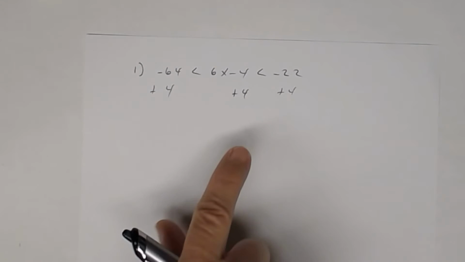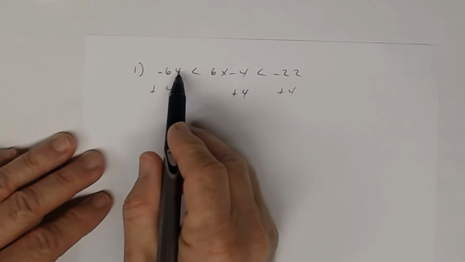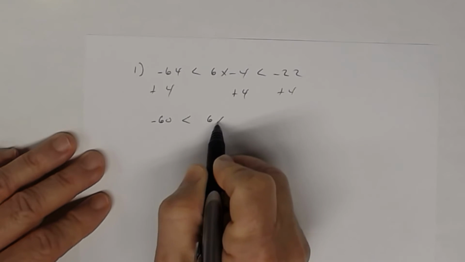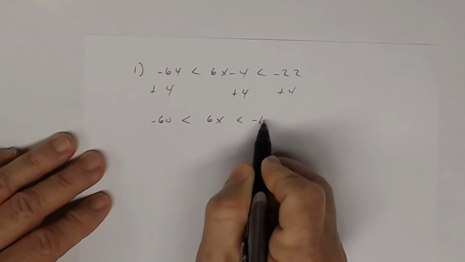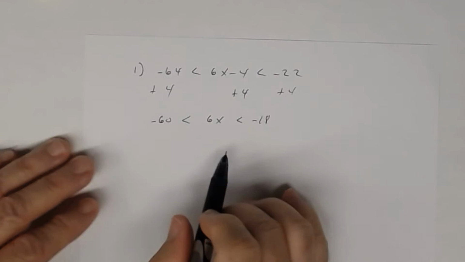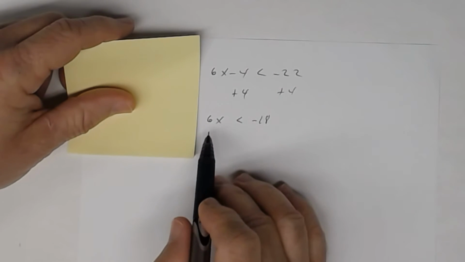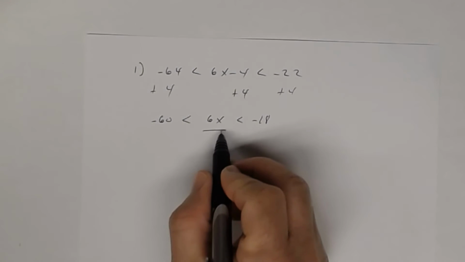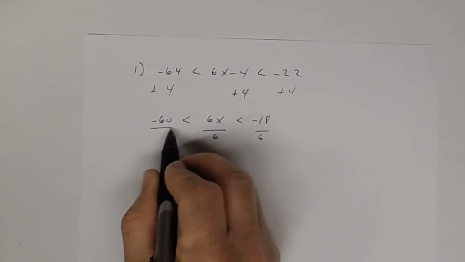Okay. Now let's combine like terms. Negative 64 plus 4 is negative 60. It's less than 6x. It's less than negative 18. And then now, think about what we have. So to get x by itself, you can divide both sides by 6. And so when I divide, I didn't mean both sides, I mean all parts.